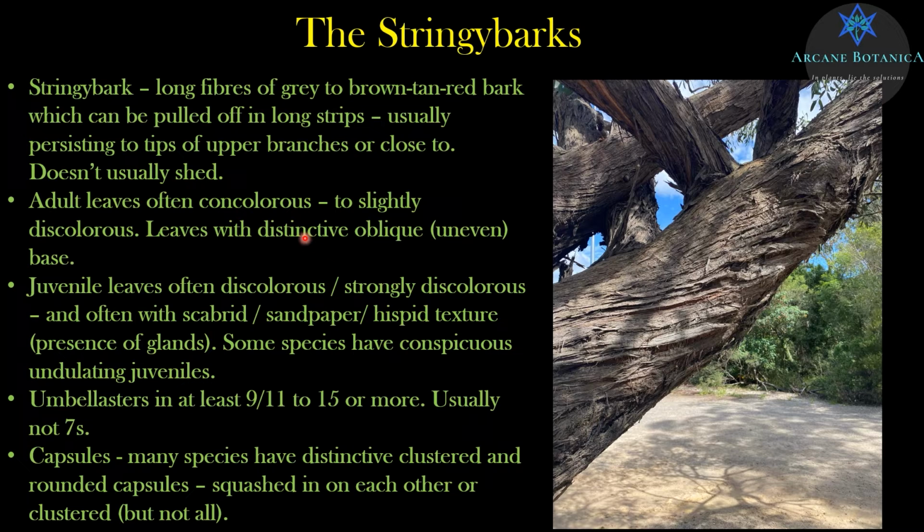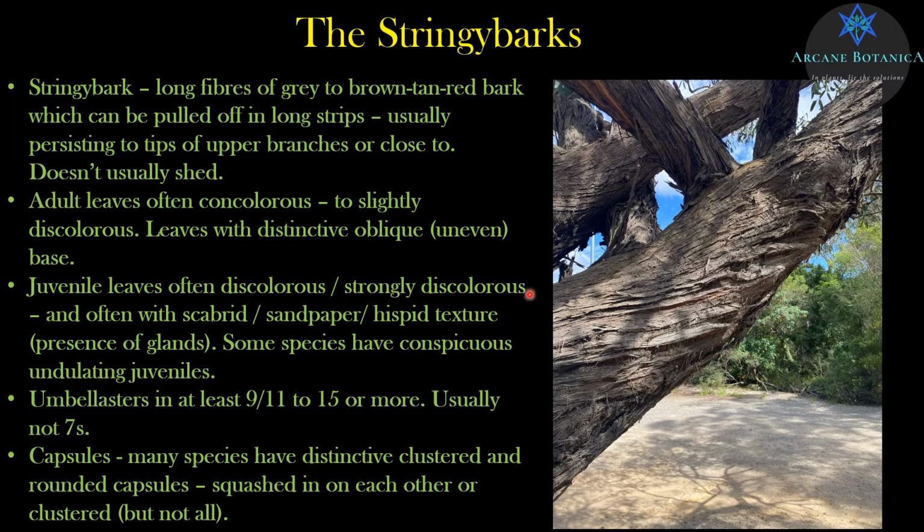You get about 10 leaves, 15 leaves if you have to. But the stringybarks have this pretty consistent oblique base, and that's a really good feature to look at. The juvenile leaves are often discolorous, so just latch onto that feature there. They're going from this discolorous state to this concolorous state in the adult phase.